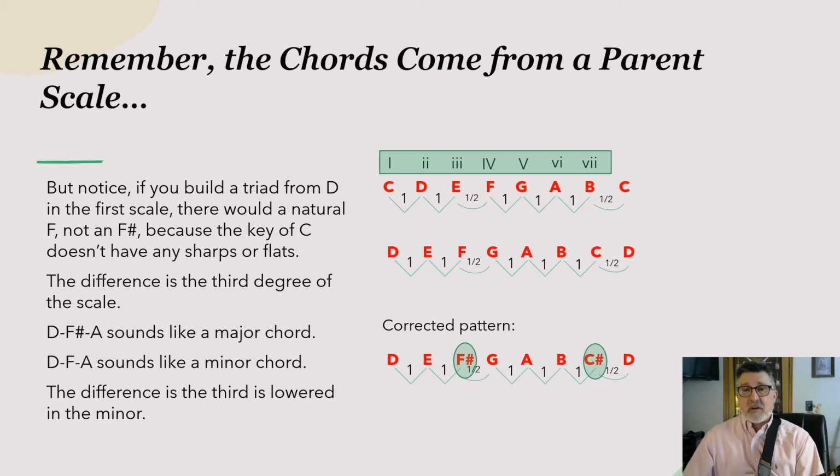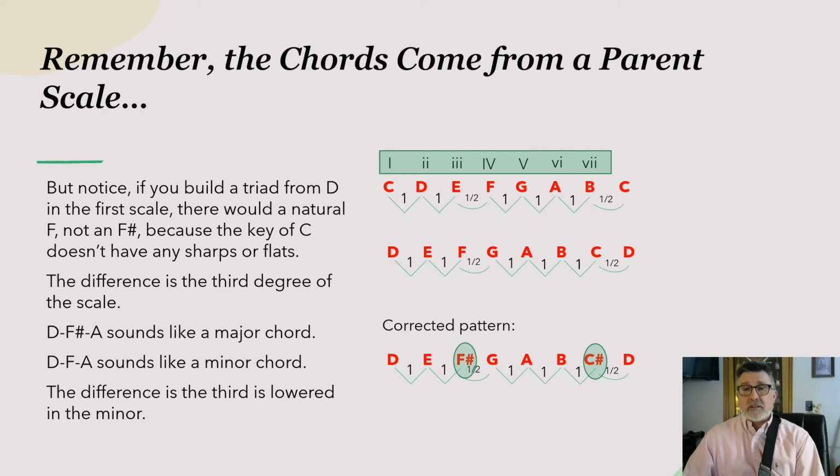But if we're playing in the key of C and we start building our triad from D, the pattern changes and we would have to have an F natural. Otherwise, we would be changing the key. So the difference is in the third degree of the scale, where you build your chord from.